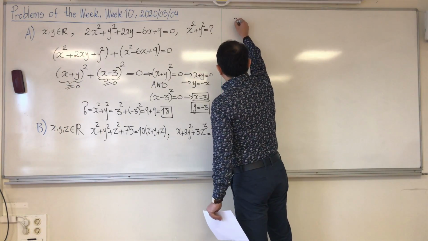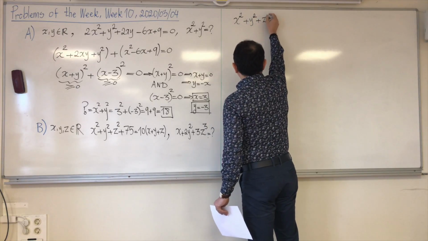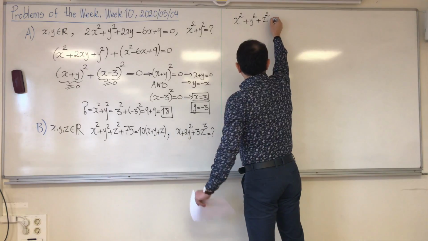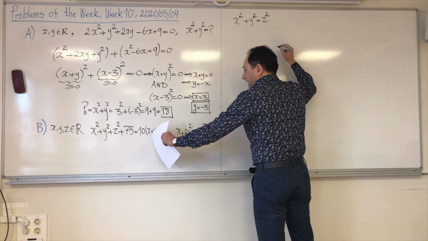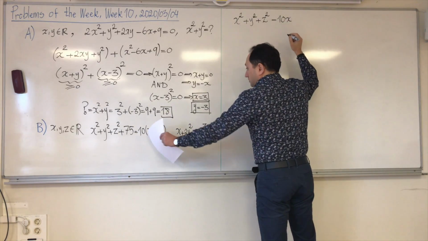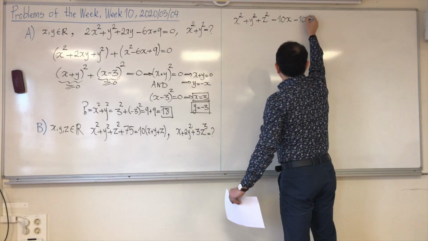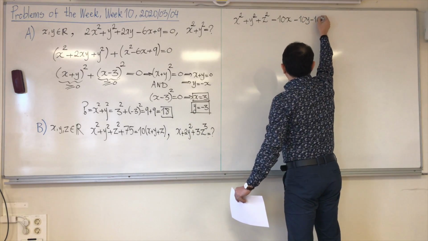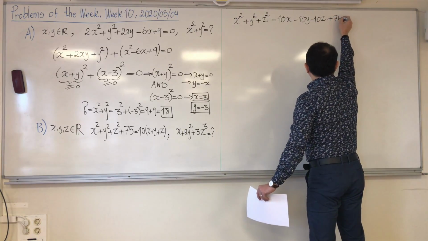So x squared plus y squared plus z squared, I have 75, but let me multiply this 10, it becomes 10x, move it to the left, it becomes minus 10x. Multiply 10 here, it becomes 10y, move it to the left, it becomes minus 10y. Similarly, it becomes minus 10z, and then I have 75 left.